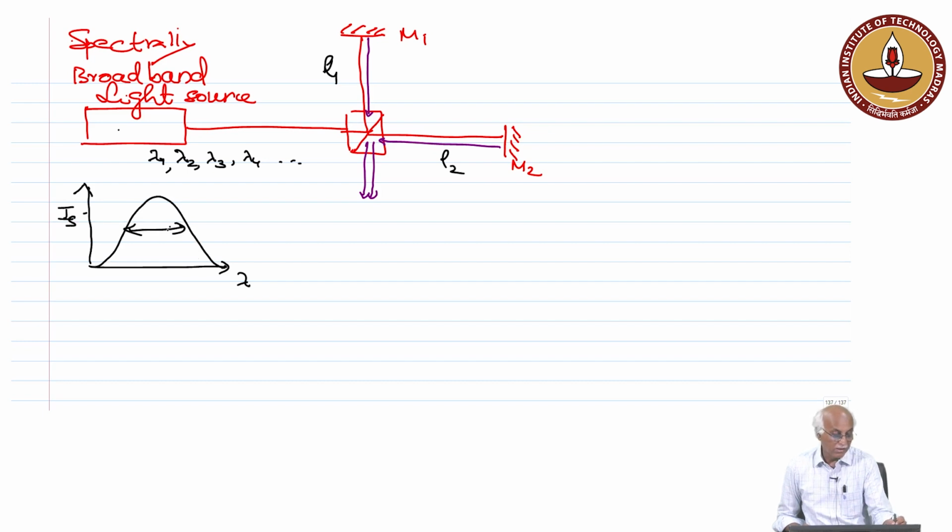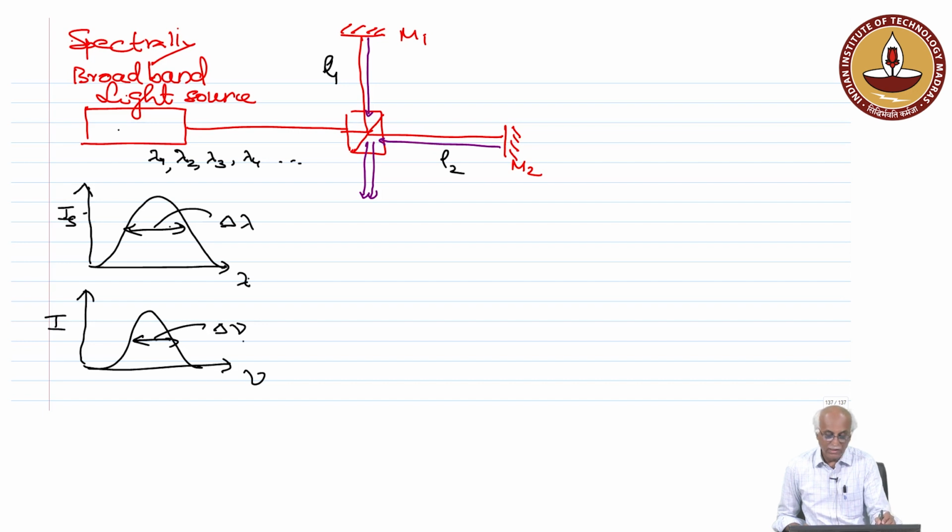It has a certain spectral width delta lambda, or a frequency width, in terms of frequency also it has delta nu.